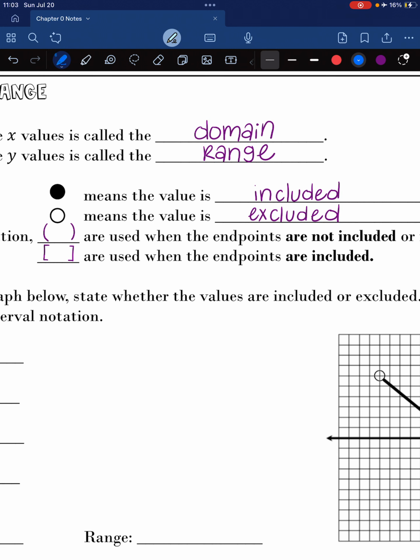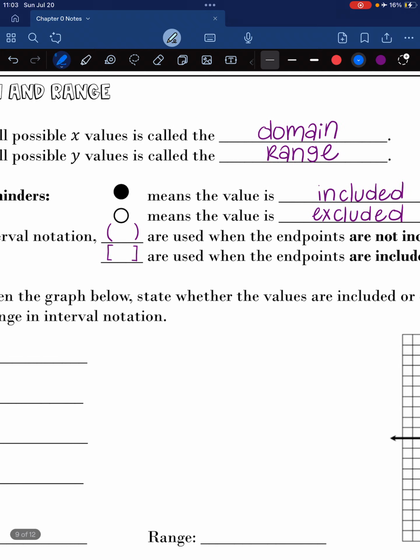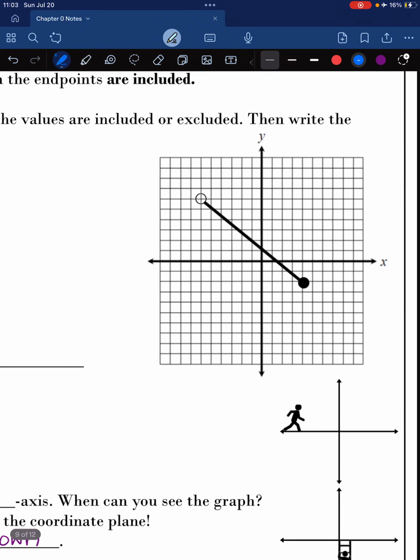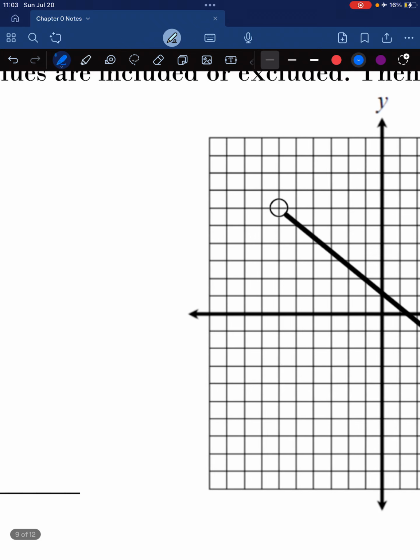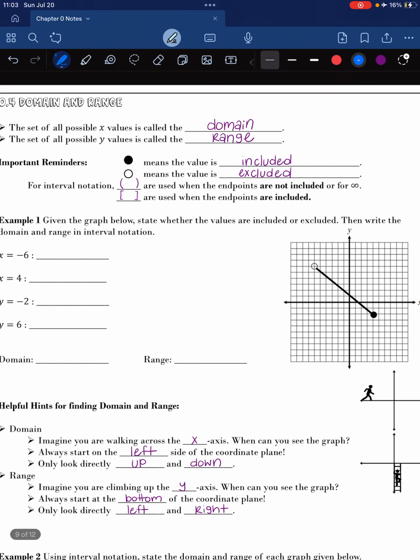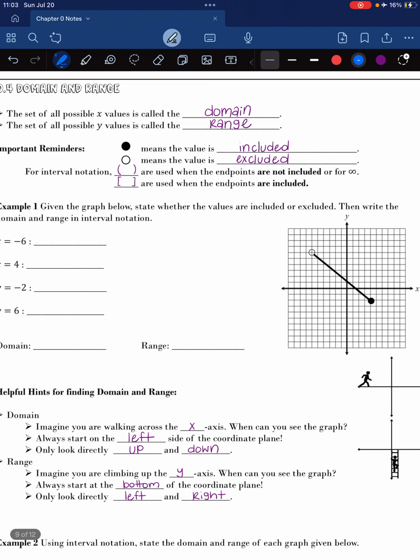And if we have a closed dot, that means that a value is included. It means I can actually equal that point. When I use an open dot on the graph, like I do in this graph right here, that left endpoint is open, that's going to mean that that value is excluded, meaning I can get really, really close to that point, but my line is never actually going to equal that value.